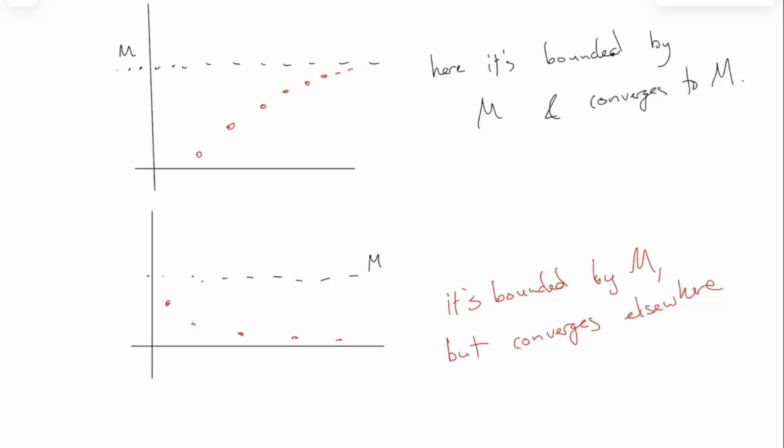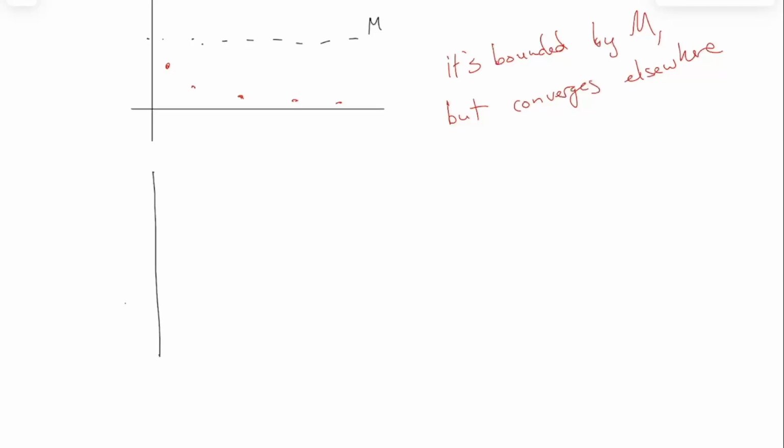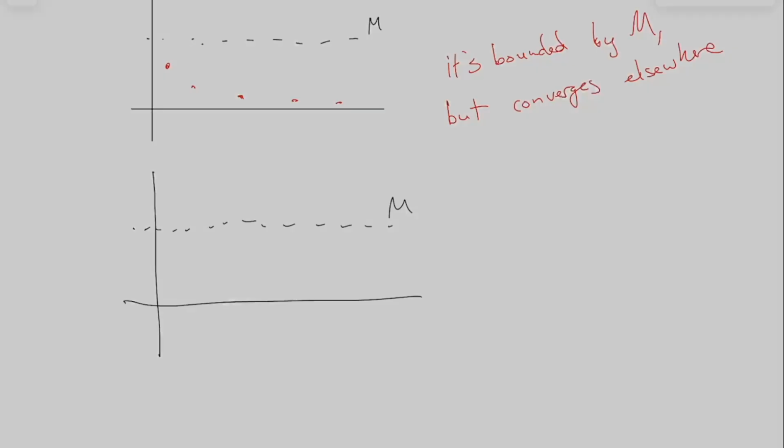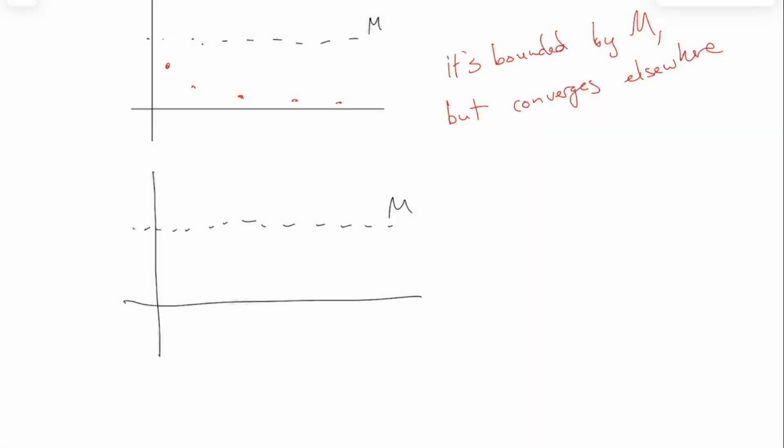So here's an example of a bounded sequence. Bounded just means all the terms are below the line. But the terms themselves could go something like this: -1 to the n. This is bounded, but doesn't converge at all.